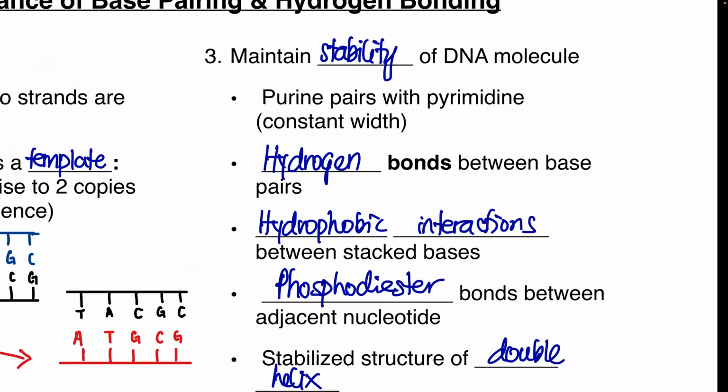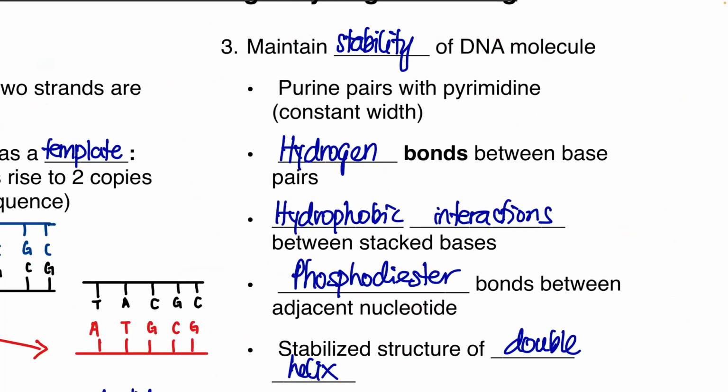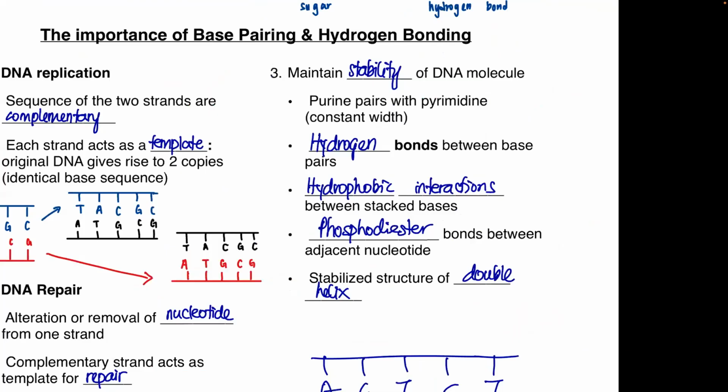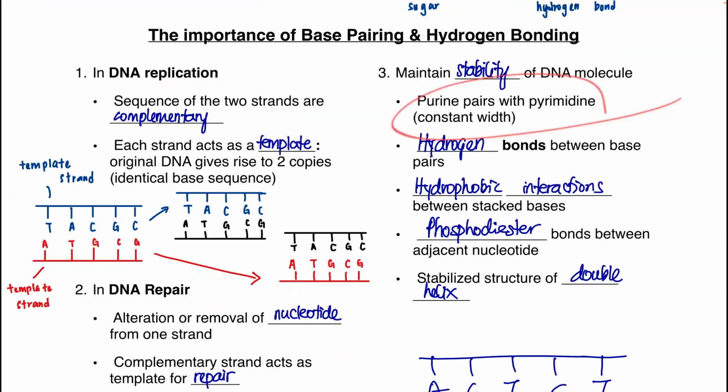And then of course, it maintains stability, mainly by hydrogen bonds. First, your purine pairs with pyrimidine, so you have a constant width. Like I mentioned, that constant width gives it a very regular structure, and something that's regular is always more stable. Then there are hydrogen bonds between base pairs. Sometimes you may also have hydrophobic interaction between stacked bases.